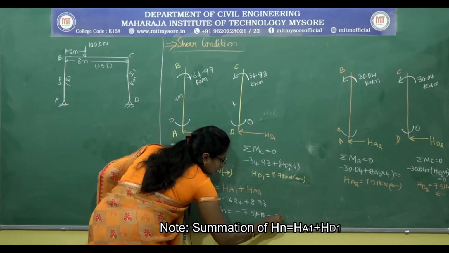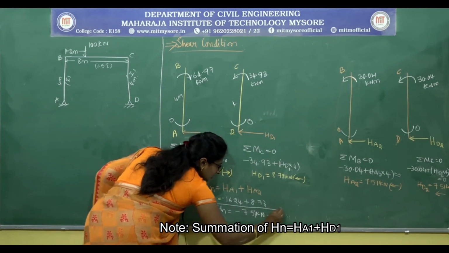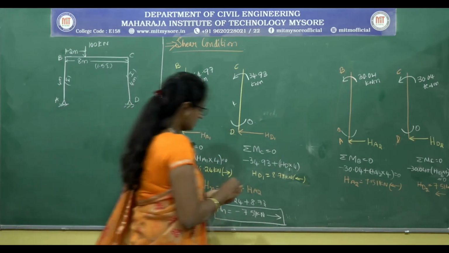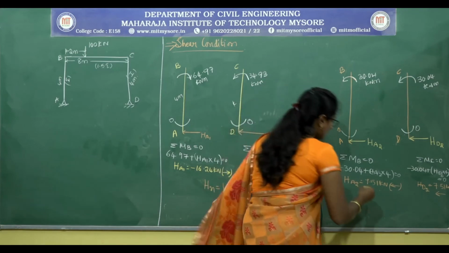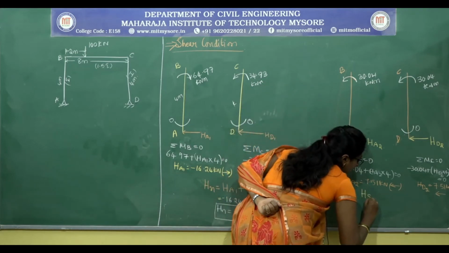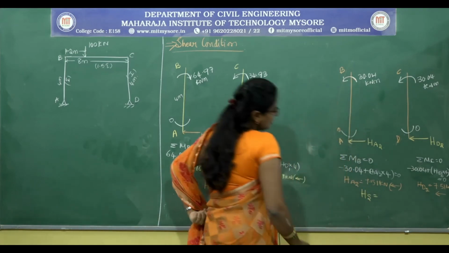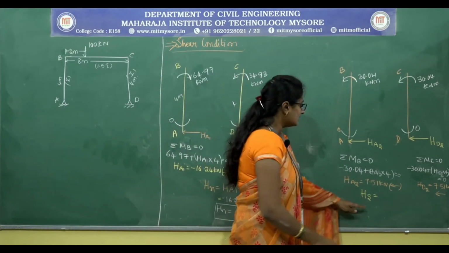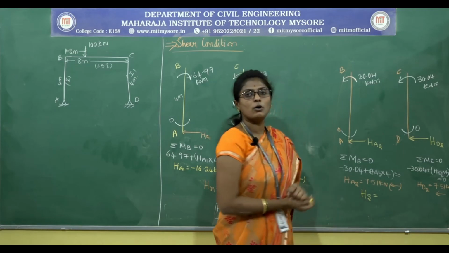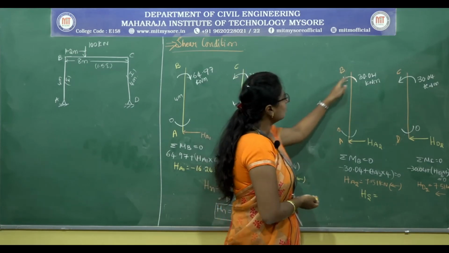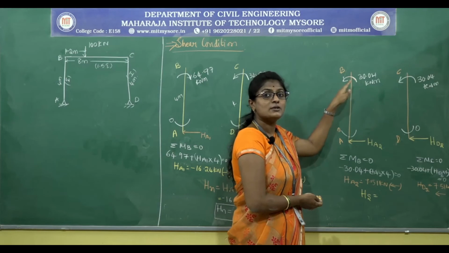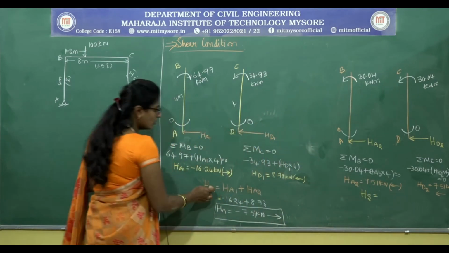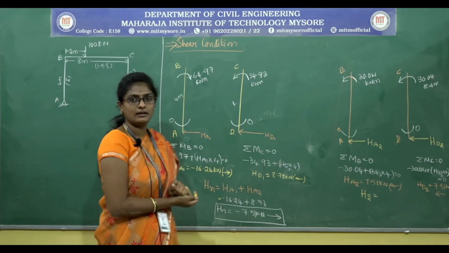That means the assumed direction is wrong and the reaction is in the opposite direction. Okay. Similarly, here I consider the horizontal reaction as HS because this is the reaction which is obtained by considering the moments with sway. Therefore, sway I considered as S, non-sway I considered as N.